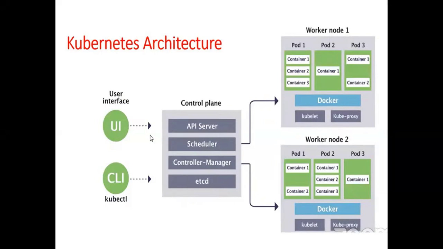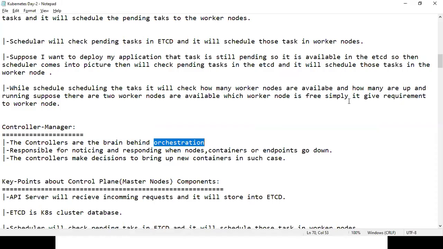Suppose any worker node goes down, immediately it needs to take care and set up a new worker node. If any container goes down, it needs to set up a new container. So who will take care of that in Kubernetes architecture? It needs to be taken care of by the controller manager.